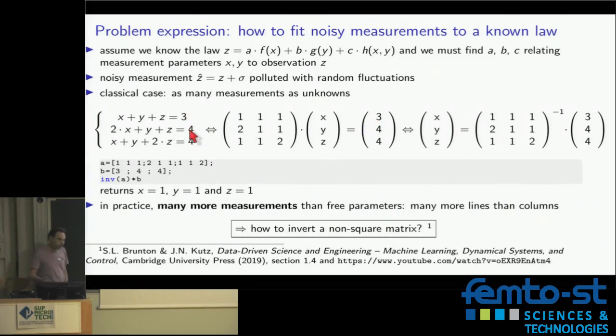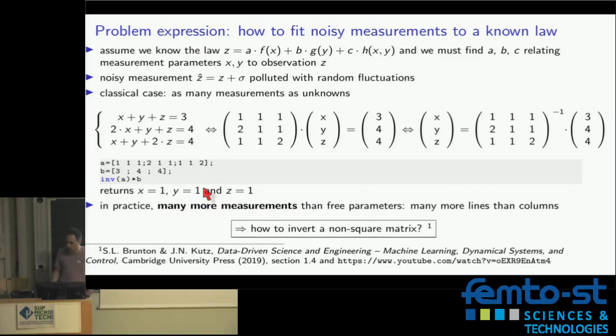If all these lines are independent, so if there is no linear relationship between them, then the solution x is the inverse of this matrix multiplied by the b term. So Ax = b, you say x = A^-1 b, and you get your solution. The beauty of MATLAB is that you write this in 3 lines, and you get the solution x = 1, y = 1, z = 1.